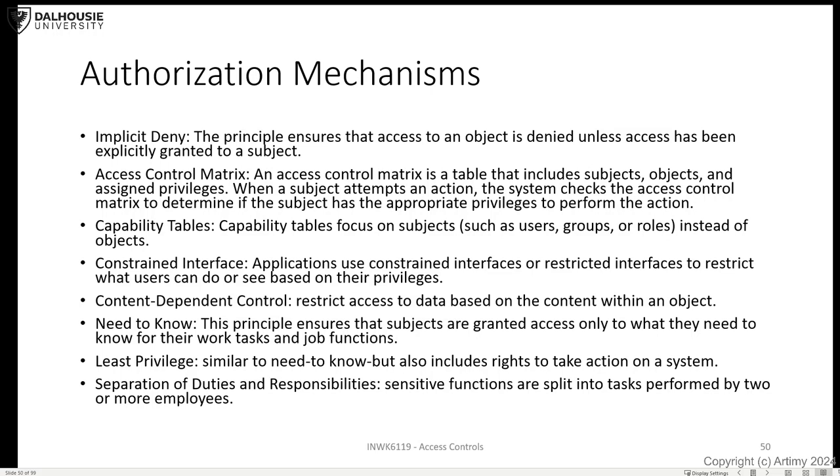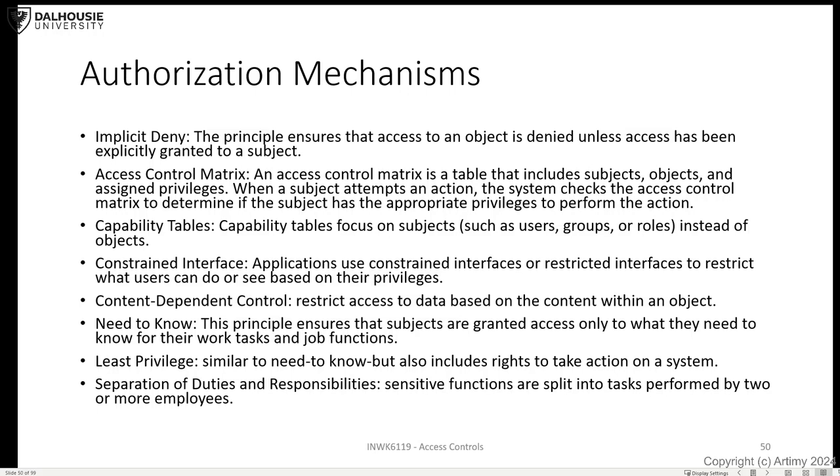Something that probably any network person is familiar with if they access, let's say, a Cisco router, that if you log into the Cisco router, there are two modes. When you do enable, you go to the configuration mode, and you will be able to change the configuration, right? So that's a form of a restricted interface.